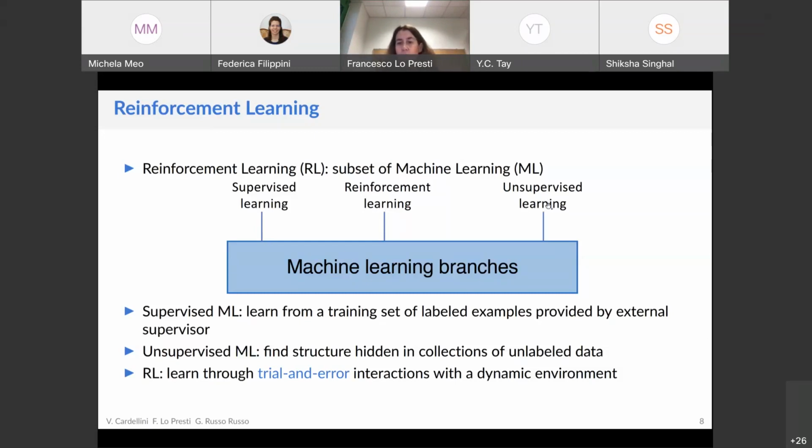With unsupervised learning, the system can find a structure which is hidden in a collection of data that are unlabeled, so you don't have an external supervisor. And with reinforcement learning, the system can learn through trial and error interaction with the dynamic environment.